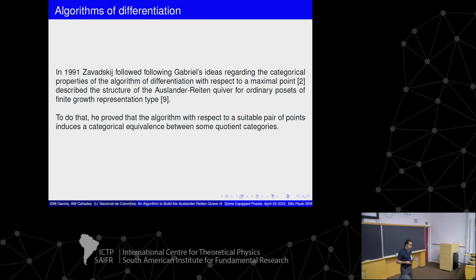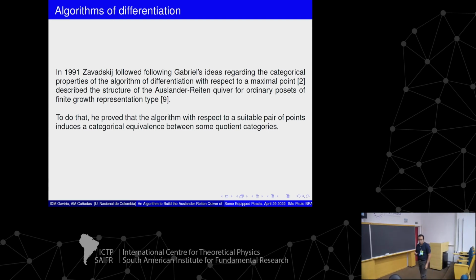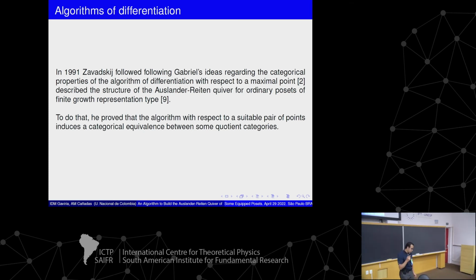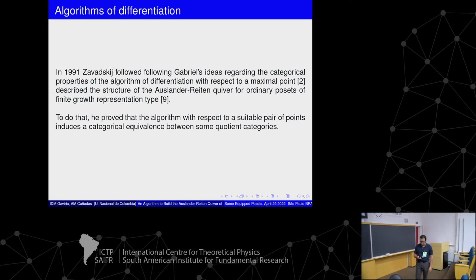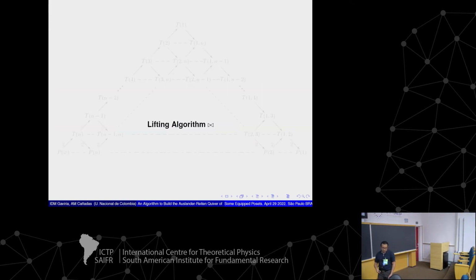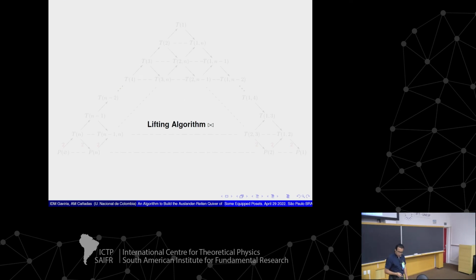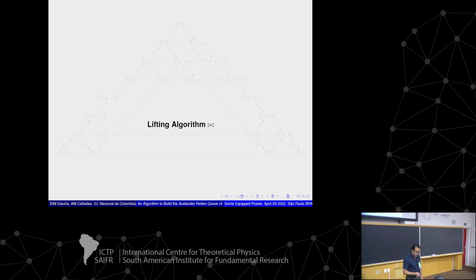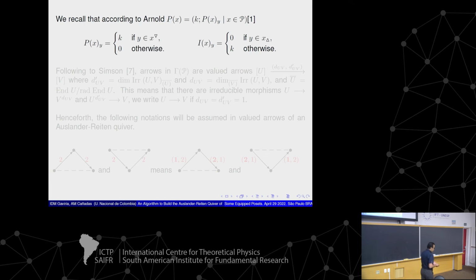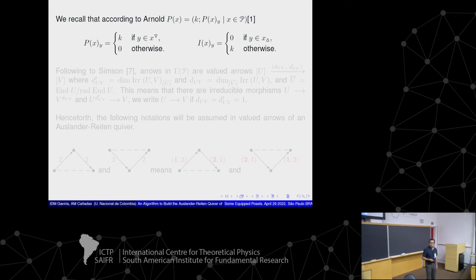Here in this quiver, the point is the isomorphism class of the indecomposable representation, and if we have one line between 2 points, we have one irreducible morphism. Then here we have the lifting algorithm to build the Auslander-Reiten quiver associated to some equiposet.